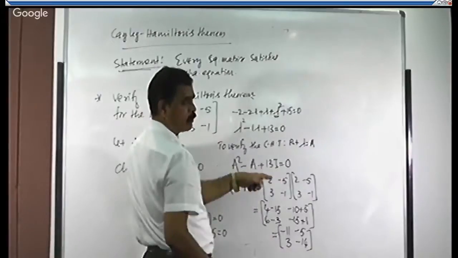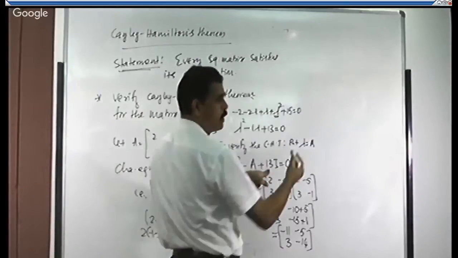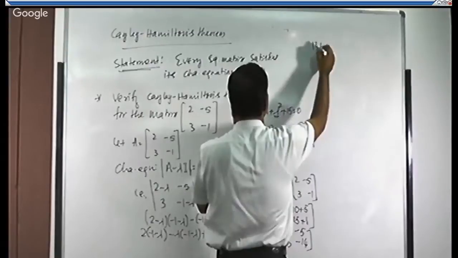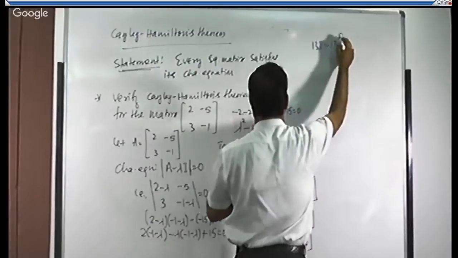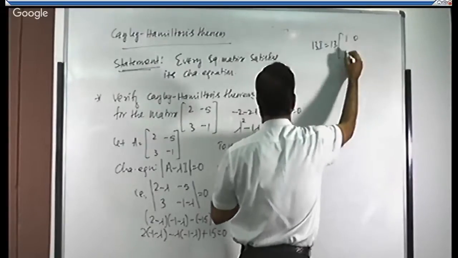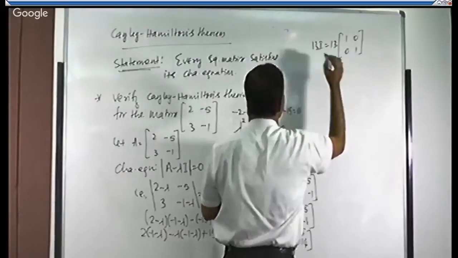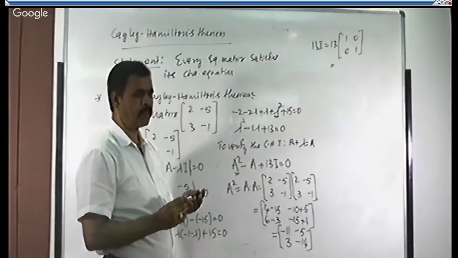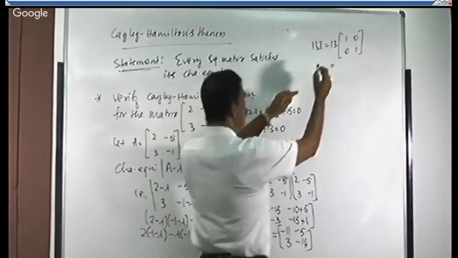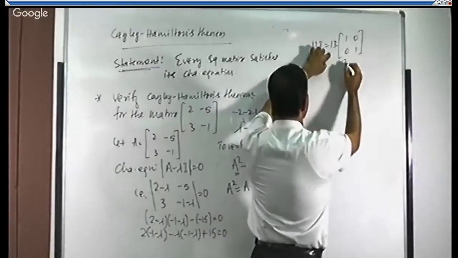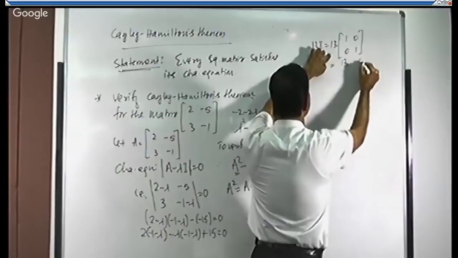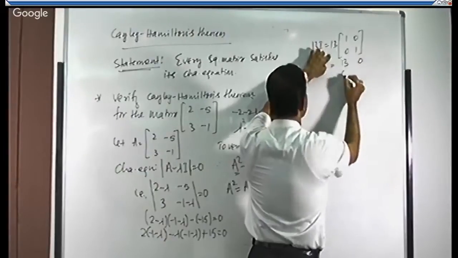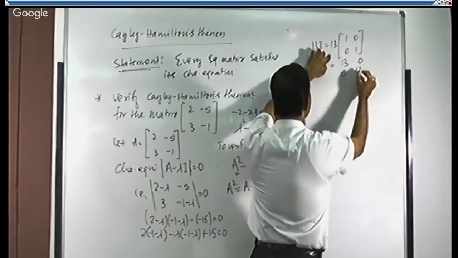Find out 13i. 13i is 13 into I. 1 0 0 1. It is scalar multiplication. Multiply the 13 with all the elements. Right? 13 into 1, 13. 13 into 0, 0. 13 into 0, 0. 13 into 1 is 13.